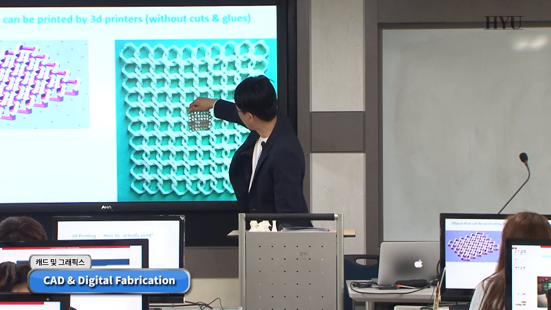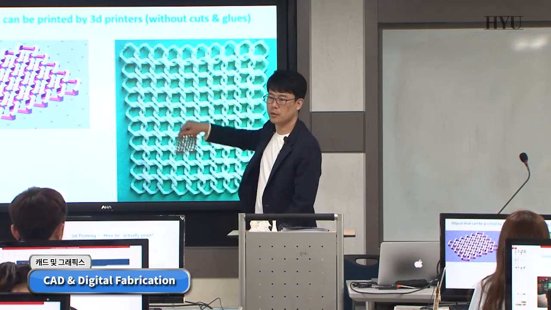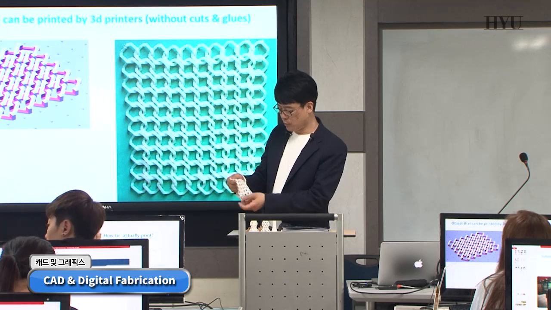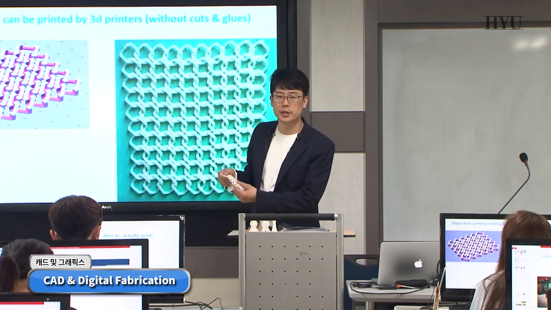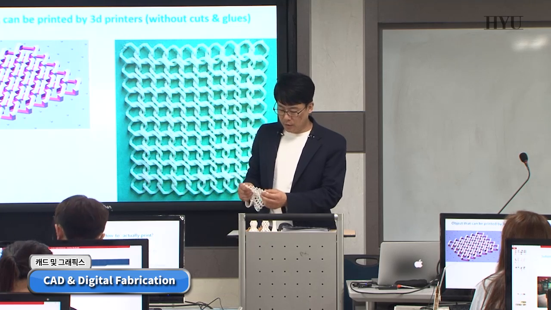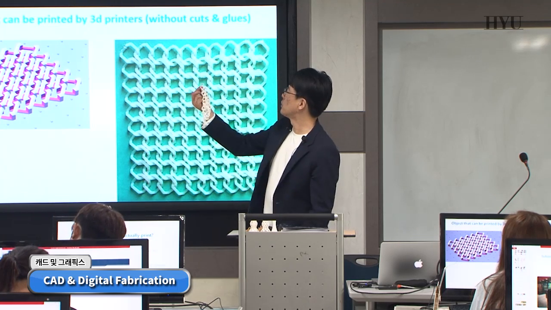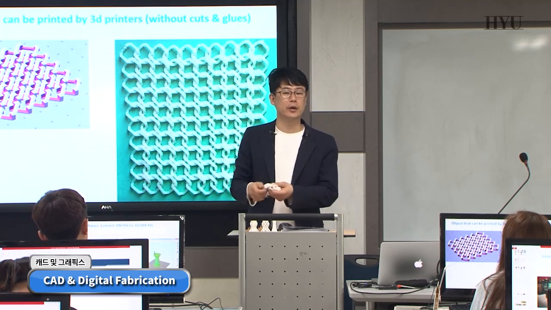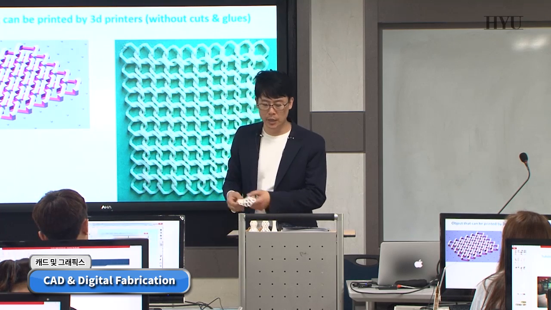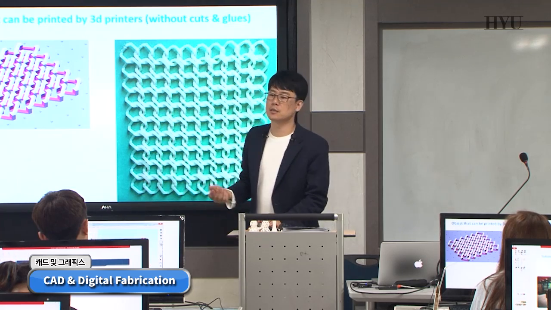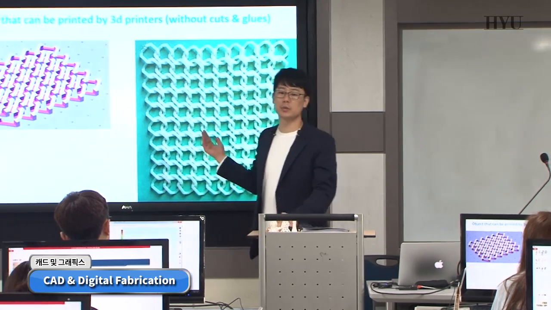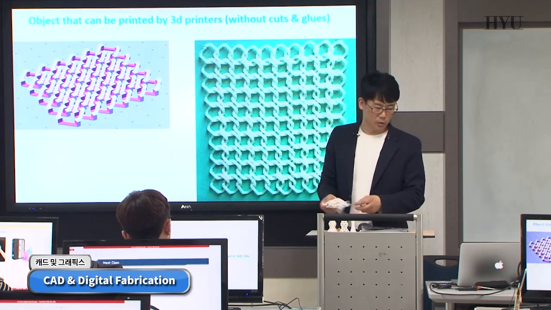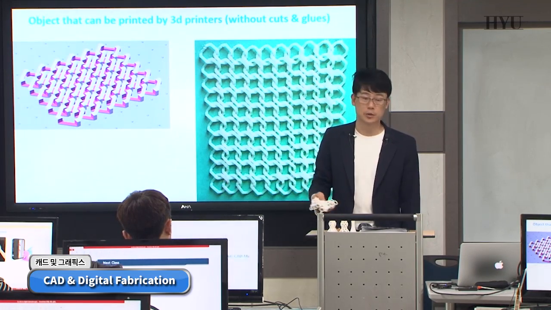The structure is totally connected to each other, a new type of chain, okay, 3D chains. In the conventional way, we need to create one piece by one piece, and we need to cut and connect by hand, one by one, and glue. That's the conventional production process. But thanks to 3D printing, we can simply print them out, okay?